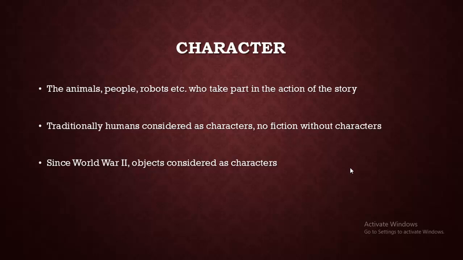For example, a table can be a character, or a leaf can be a character. Any object can be presented as a character in a story. So characters usually refer to humans or animals or robots or supernatural things or general objects you would find in your everyday life.